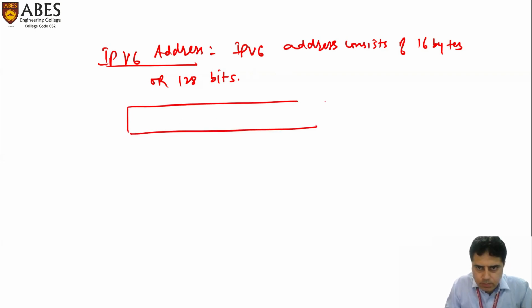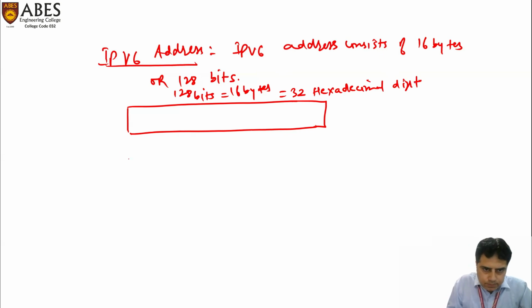So the complete block is of 128 bits or 16 bytes. So there are 32 hexadecimal digits.